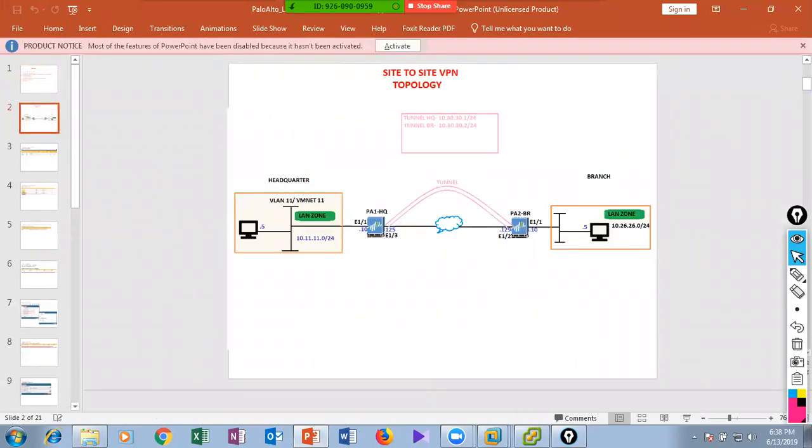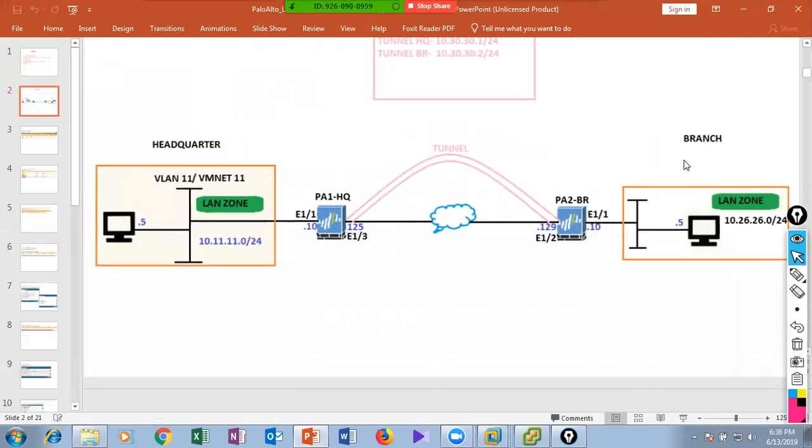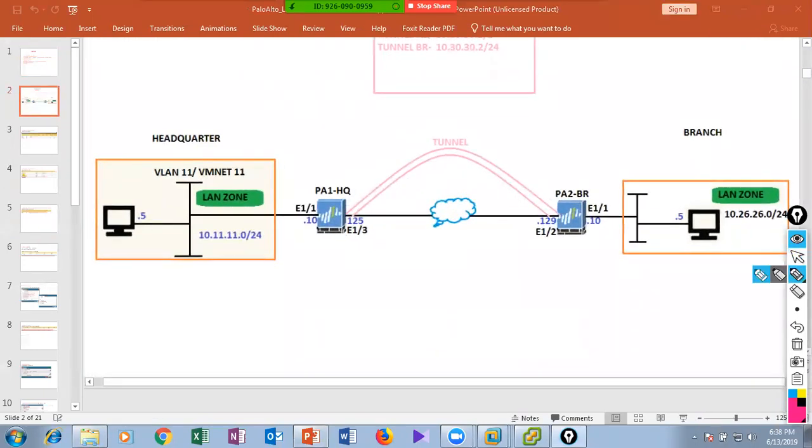Now I want you to take note of this topology quickly, wherein you have two firewalls, one as the headquarters and another as a branch office. Behind the headquarters you have one client, and behind the branch you have another host. We'll make the connectivity between these two public addresses first, then we'll create a tunnel based on the reachability of the public networks.